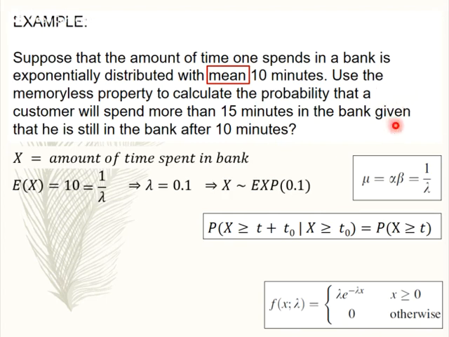So you know that this person has been there for at least 10 minutes. Now it's asking what's the probability that they'll spend more than 15 minutes. In other words, given that this person has been there at least 10 minutes, what's the probability of being there at least 15 minutes? Okay, so you've been there for 10, so they're staying an additional 5.